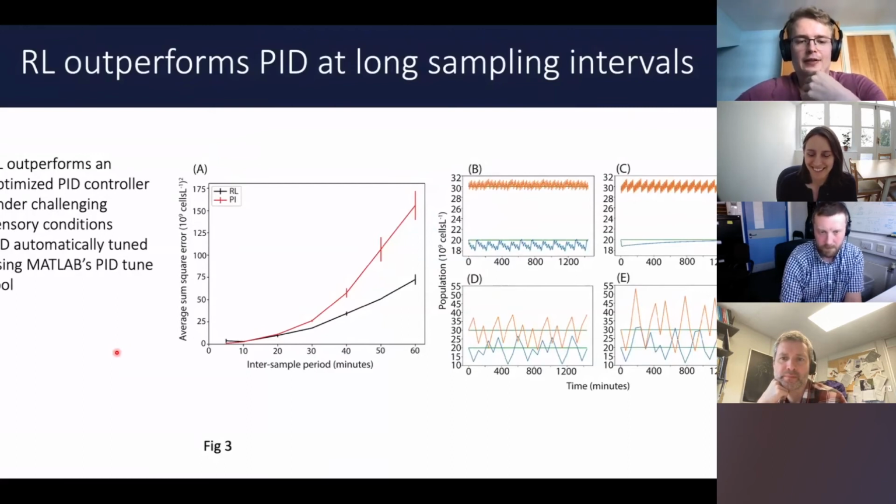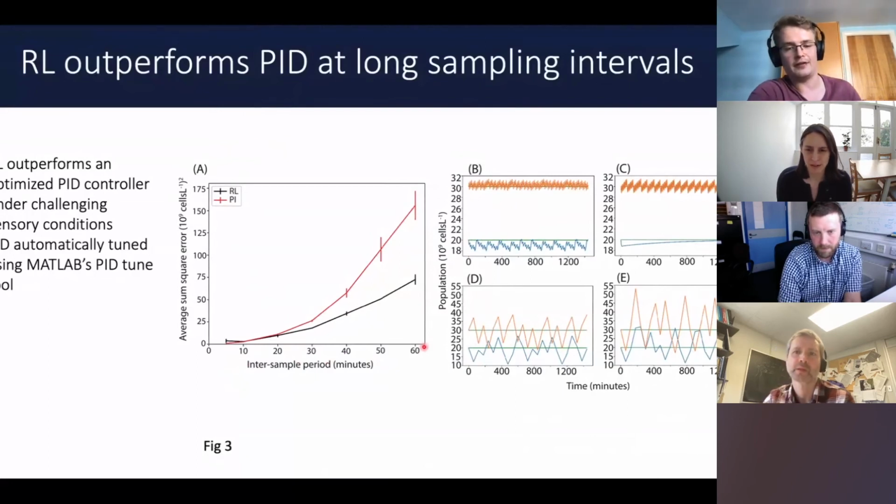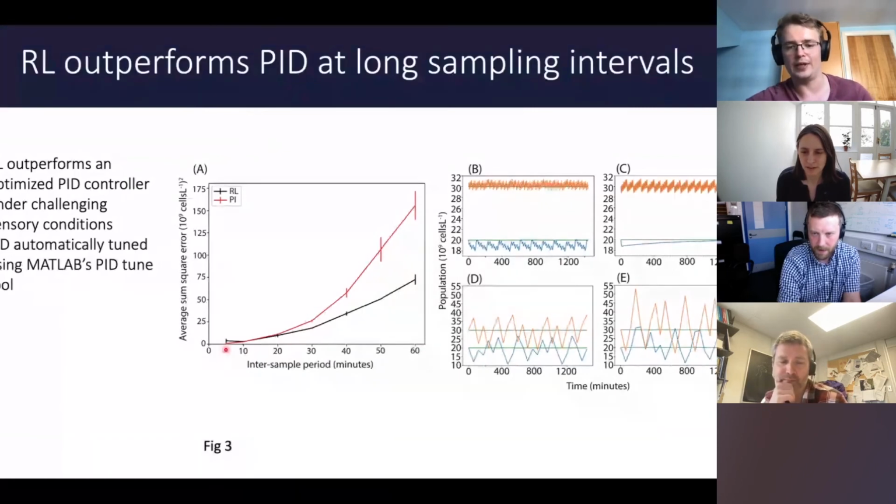So what we have here is changing the intersample period. At small intersample periods, you can see the PI does better at 5. But as we increase the intersample period, the PI gets much worse, whereas the reinforcement learning learns to deal with the increased sampling period much better.